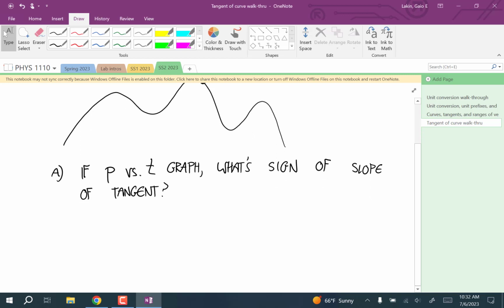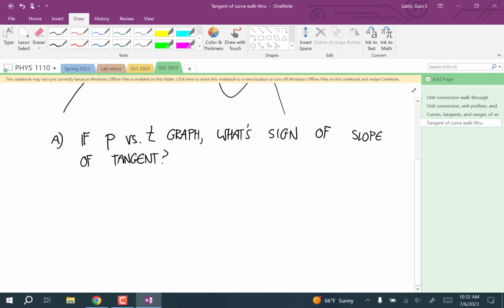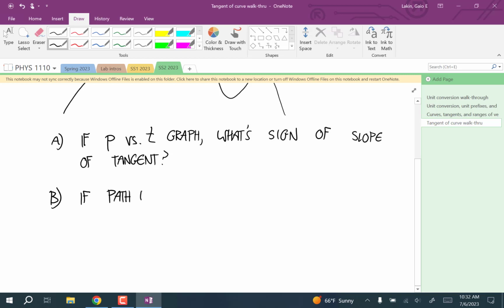And then it would say, okay, now it's the same curve, but it has a totally different meaning now. Now let's say that the meaning is this is a path in space and the object's moving from the left side to the right side.